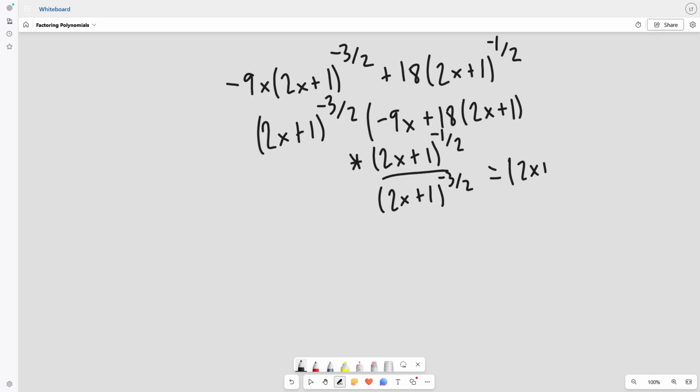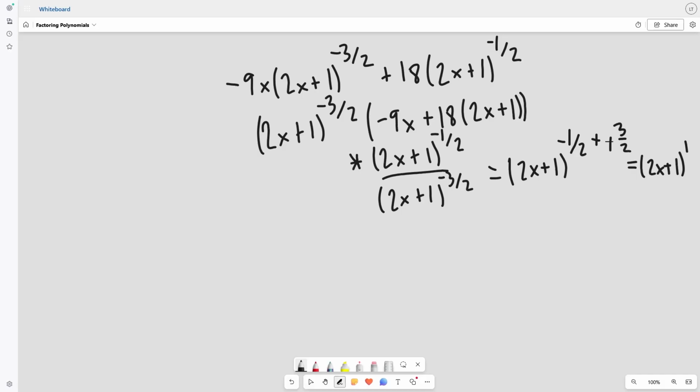And now we can use our quotient rule. So we are subtracting negative 3/2. So we can just add it. That gives us just 2x plus 1. So negative 1/2 plus 3/2 equals 2/2. So that would simplify to 1. And so we don't have to worry about putting an exponent on this.